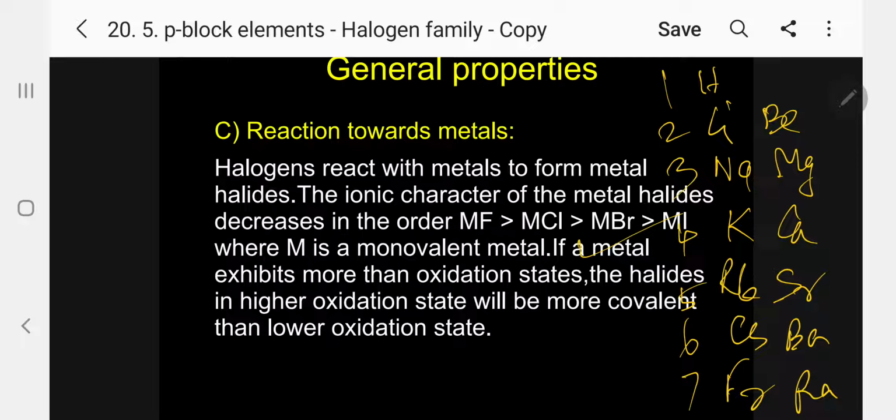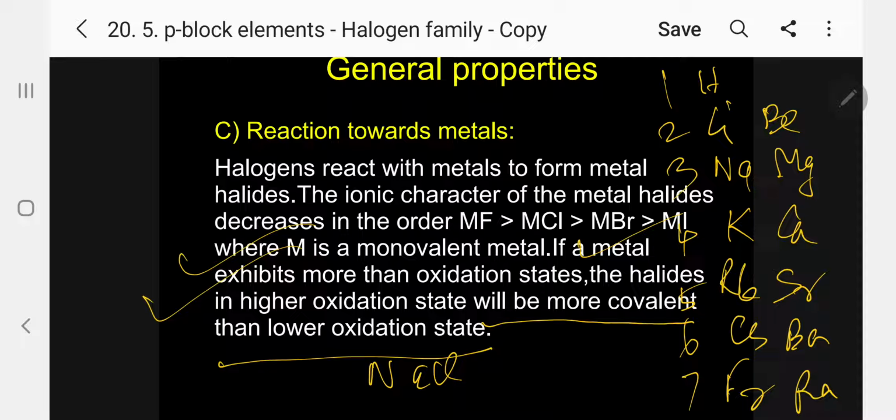If a metal exhibits more than one oxidation state, the halide in the higher oxidation state will be more covalent than the lower oxidation state. This is the most important information. Kindly follow. How can we understand this line? Let me give sodium chloride, and I am comparing it with barium chloride.